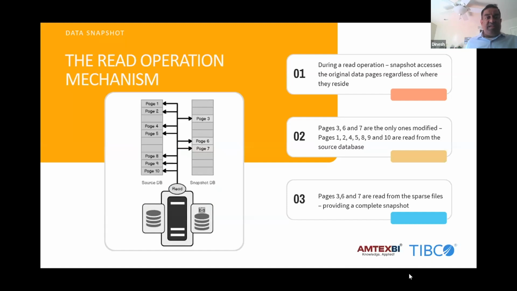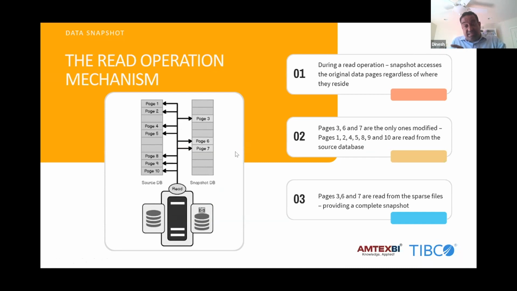A quick explanation of a database with about 10 pages: pages 3, 6, and 7 here are the only ones that have undergone changes in a period of, let's say, 2 months. So pages 1, 2, 4, 5, 8, 9, and 10 are always read from the source database, which means that there is no space allocation, no space usage, and so on.